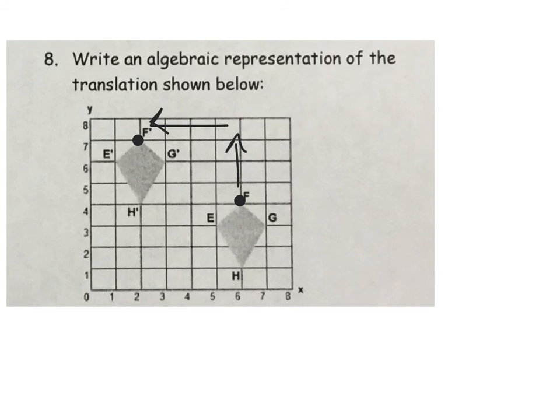So you have to find out how far it goes up and how far it goes over. Your answer, x comma y changes to x plus or minus a number and y plus or minus a number.